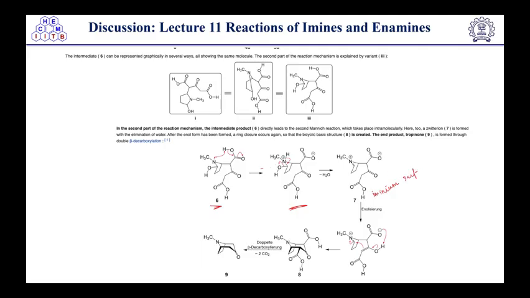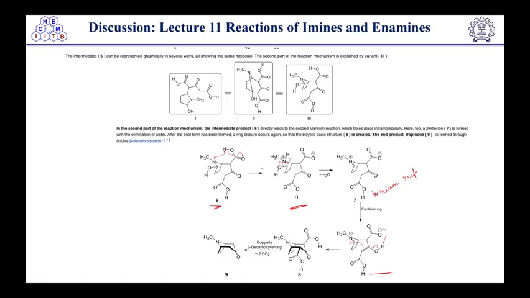Then after getting this iminium salt, what next? Because we have negative charge here, it will take the proton. So after getting this iminium salt, proton abstraction will take place from this position, and enolate formation will take place. We'll get the enolate here.